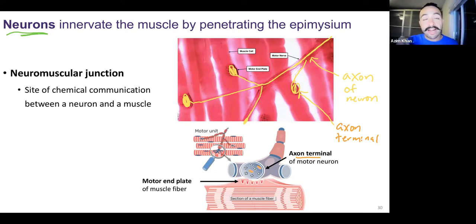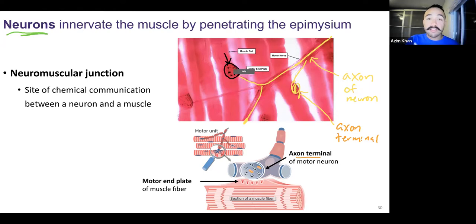And this is where a neuron can communicate with another thing, whether it's a muscle or gland or another neuron. So at this axon terminal, let me erase my little squiggles here so that you can see what's going on. You can see these dark little dots in this region.